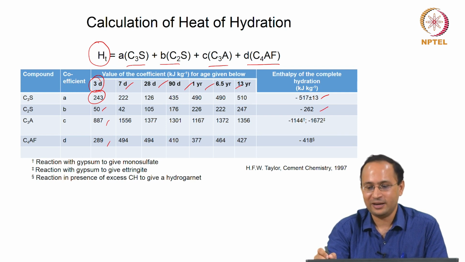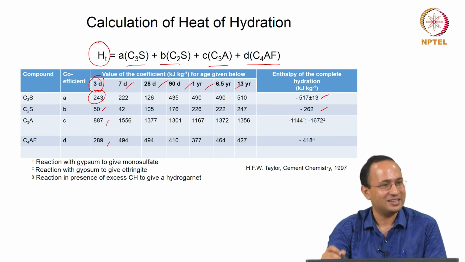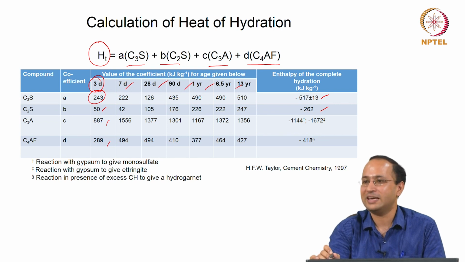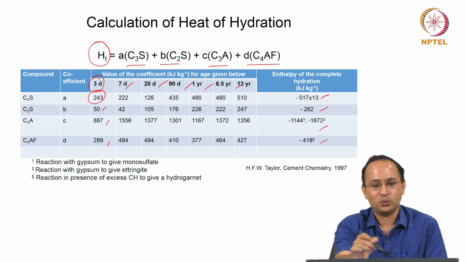And similarly obviously C2S is slow in reacting, so you have around 262 kilojoule per kg. That means 1 kg of pure C2S will give you 262 kilojoule of heat, right. These are pure phases. So you use these to finally calculate.